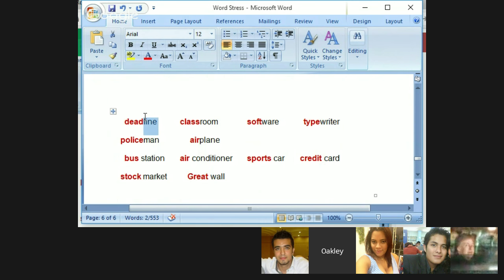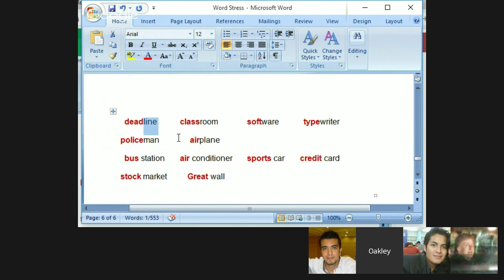The stressed syllable in the second word will be secondary stress. Remember when we looked at that earlier, fully pronounced but low pitch. Deadline, classroom.